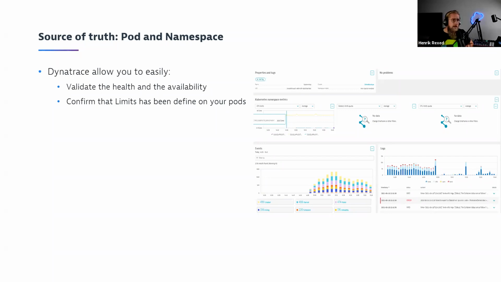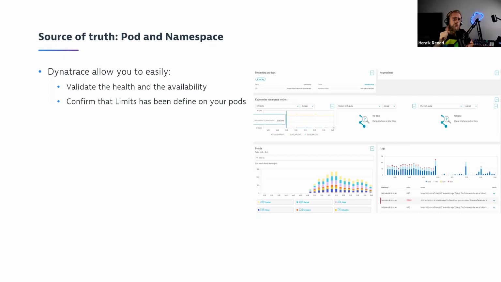The other thing which is interesting, especially we mentioned it, we want to put limits and quotas in our cluster, in our pods, in our namespaces, in various areas of our cluster. And in this view here, you can see that on the right side there is a section with no data.